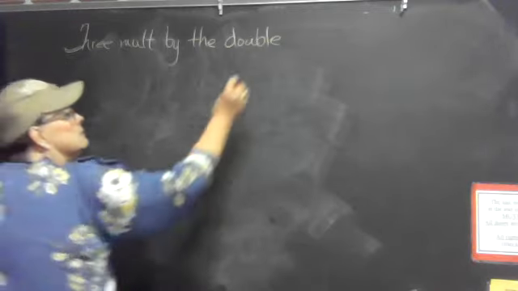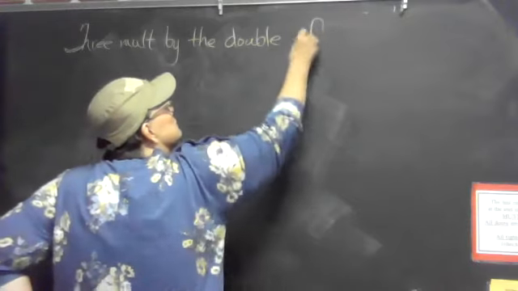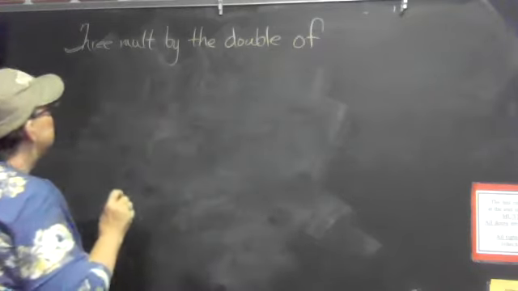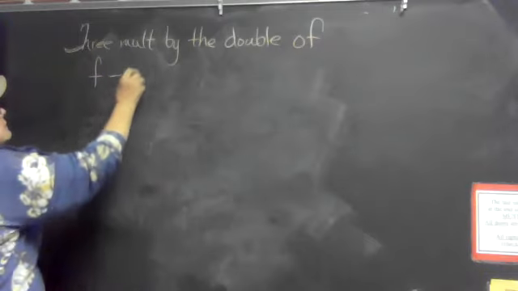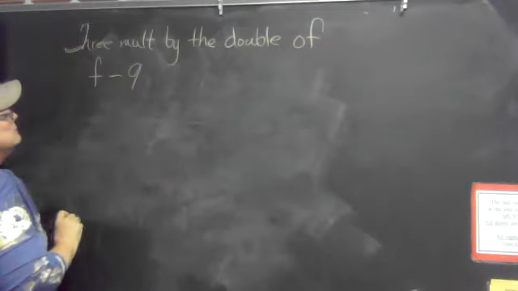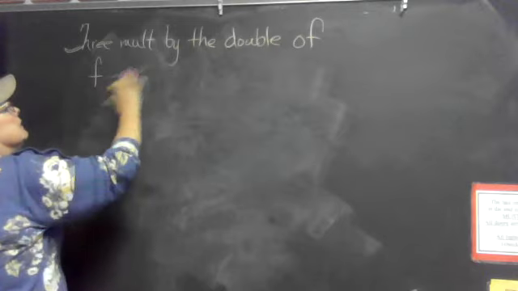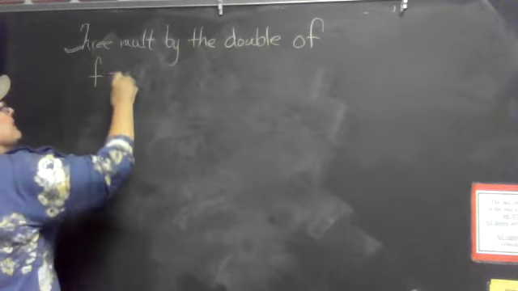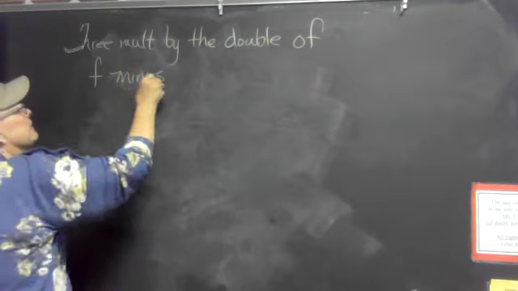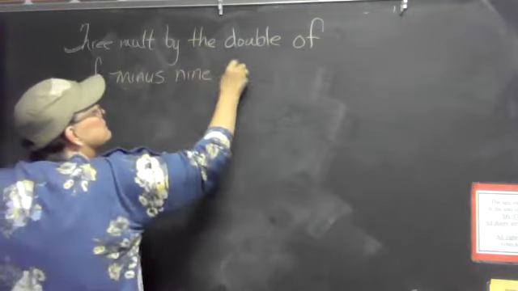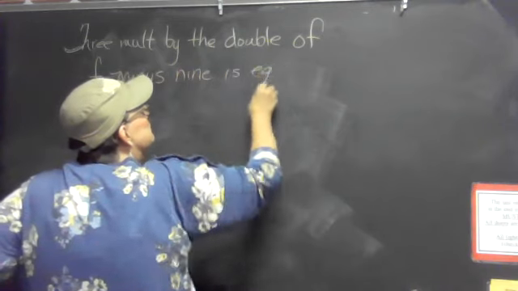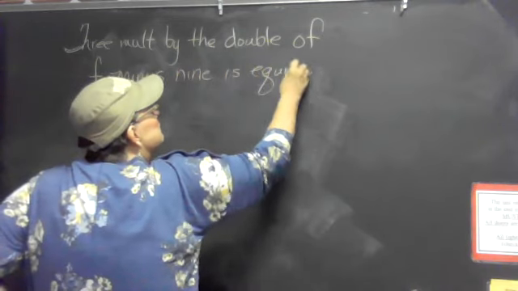Okay, so of F, F like father, minus 9, is equivalent to 15.